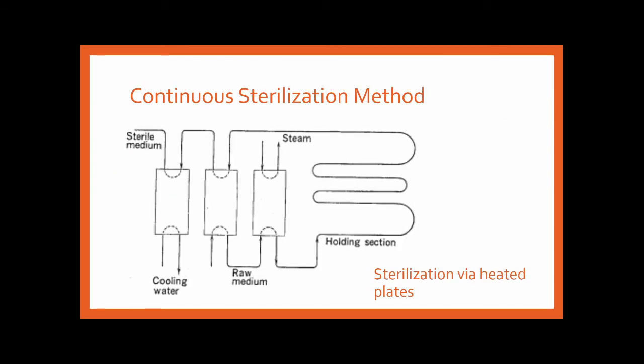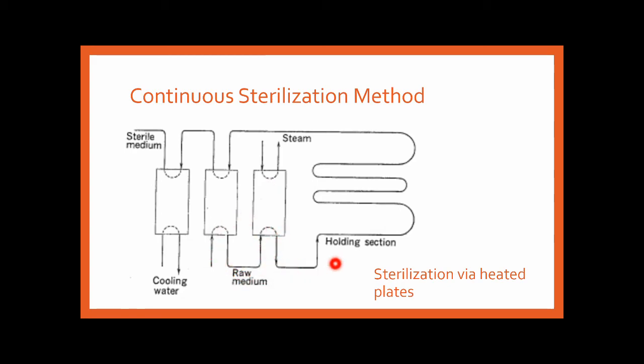And now another way of sterilization. This is more of a continuous section. So you have raw medium incoming to a heat transfer equipment. The raw medium is passed through, whereas the steam is passed through the same section. You're not exactly mixing them in a single vessel, but rather the heat from the steam is passed to the raw medium incoming here.